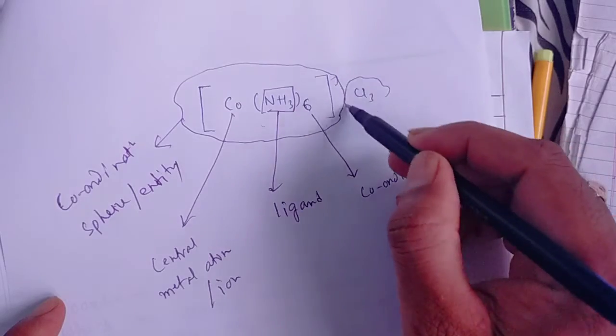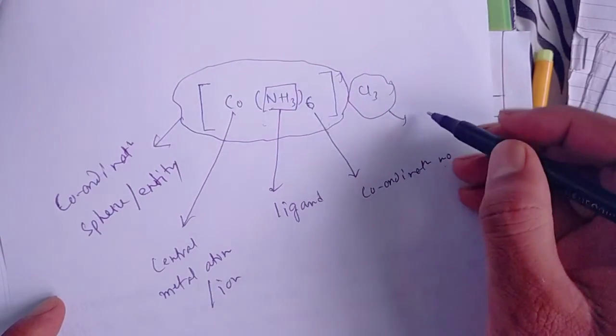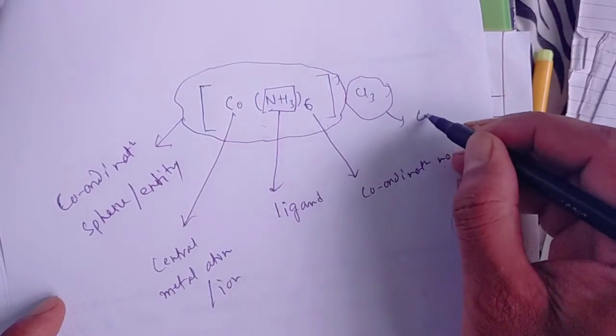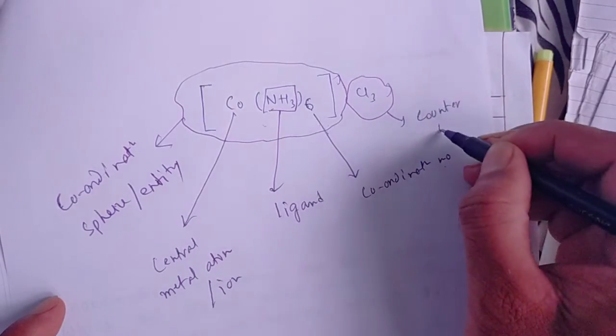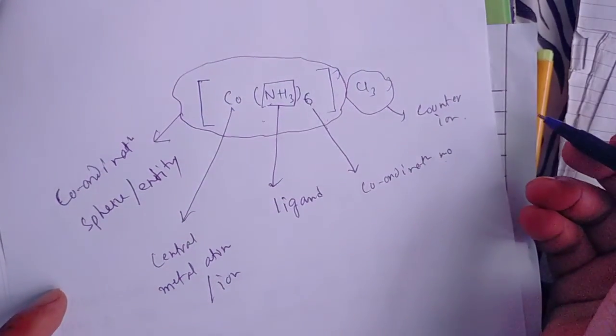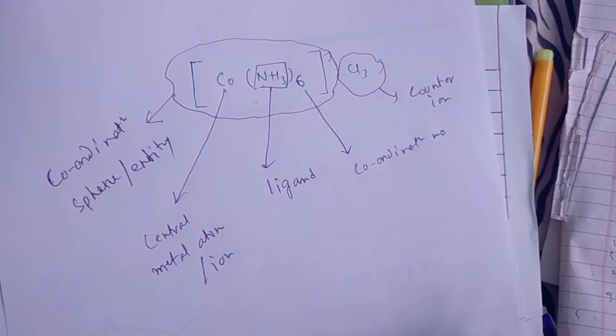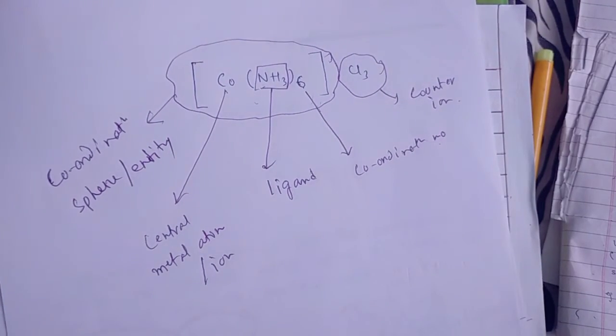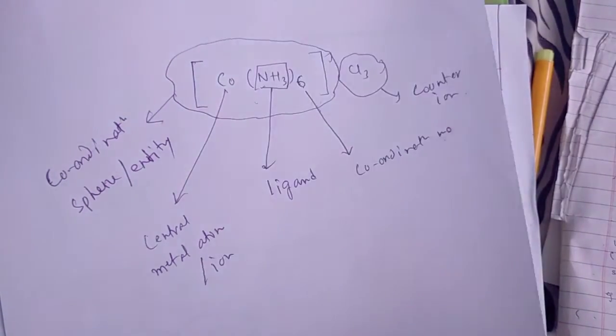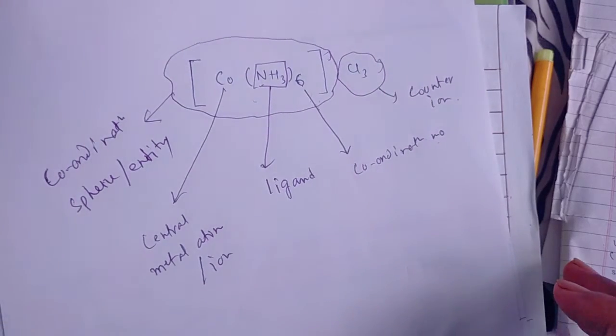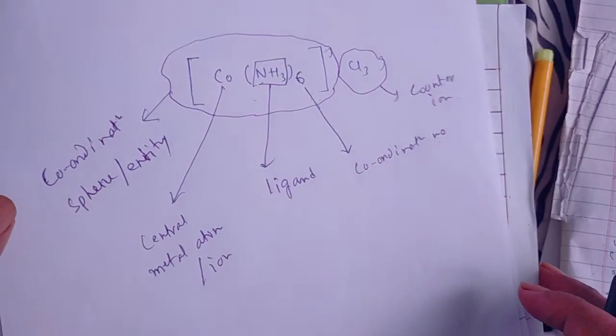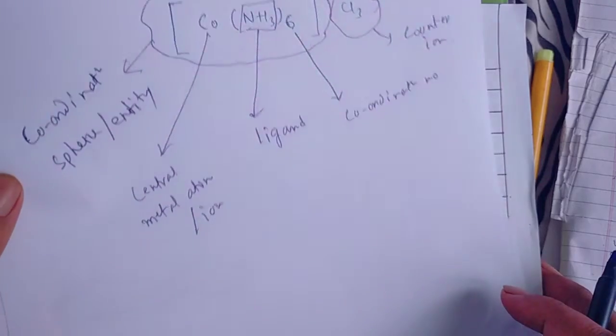These are counter ions: the Cl negative, Cl negative, Cl negative are counter ions. So you require to have knowledge about counter ions and all these things.